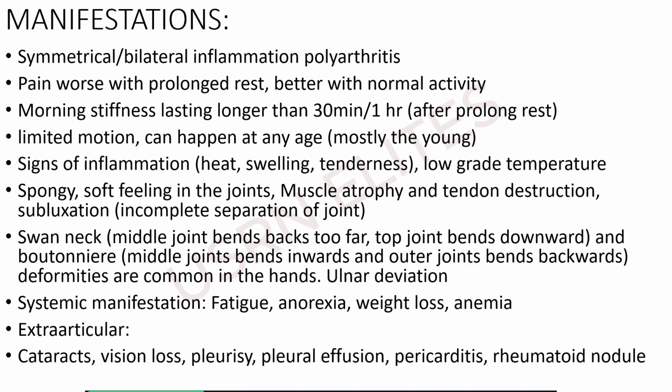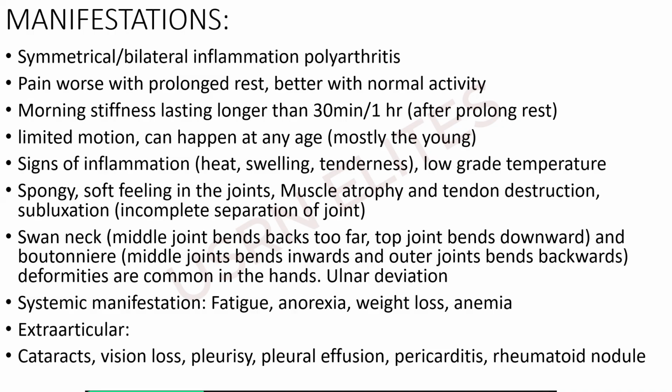Do you get it? So that is what is happening. And subluxation, that's incomplete separation of the joint. Because as you saw with the first image, you can see that the pannus is eating into the joint. And eventually the cartilages and then the synovial fluid there, the membrane, they are all damaged.